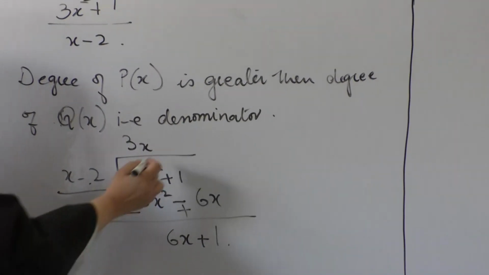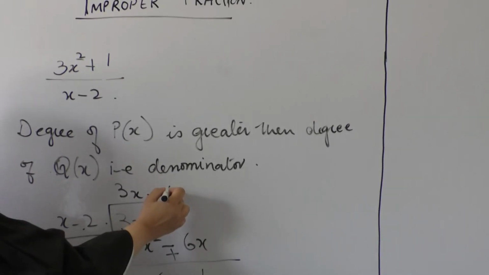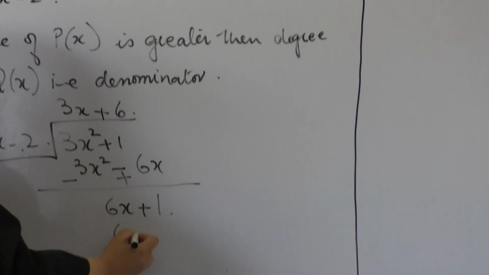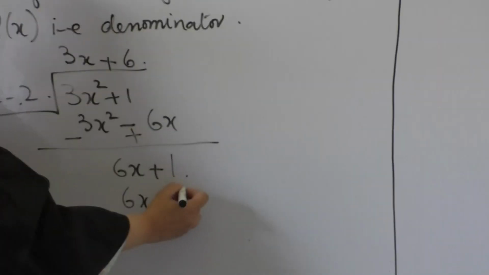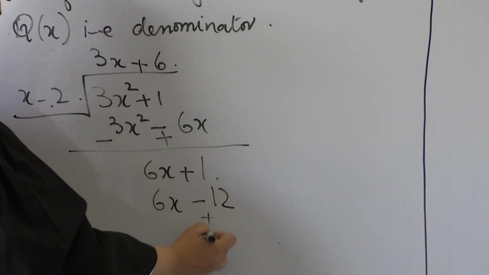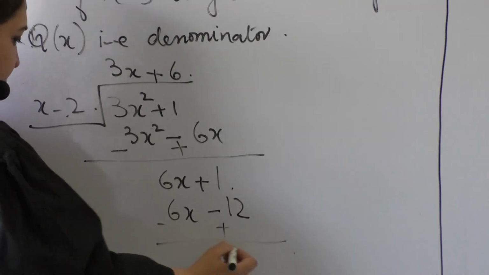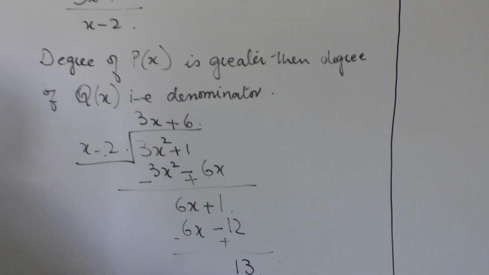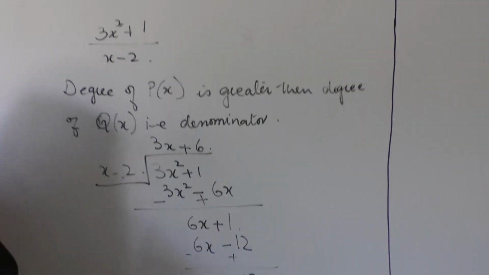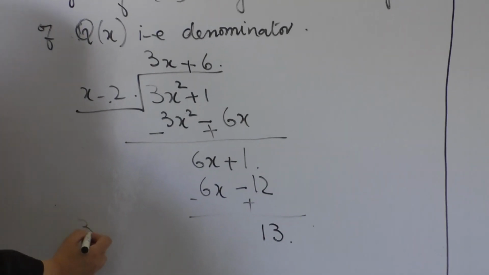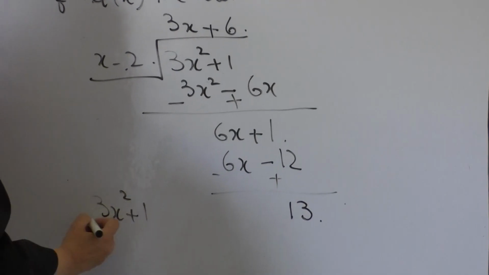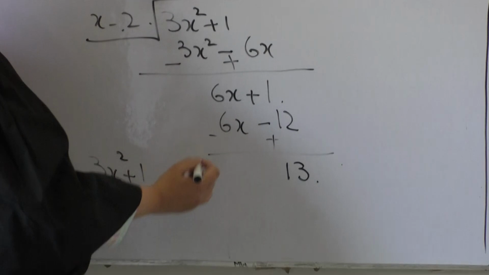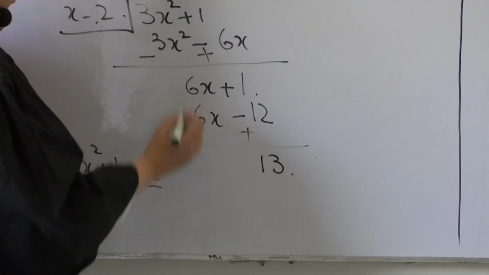Again, for the second time, when we divide, it becomes plus 6. So it is 6x minus 12. Again, change their signs. So here we have 13. So the compound fraction becomes this: 3x square plus 1 divided by x minus 2 is equal to this.